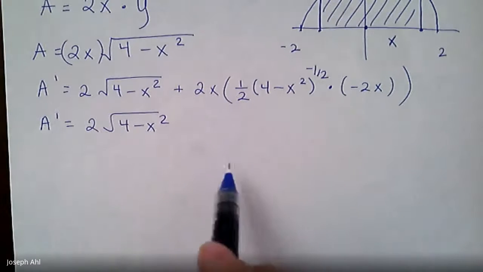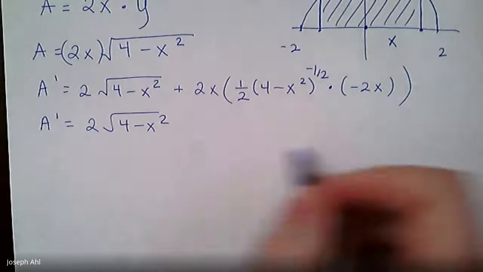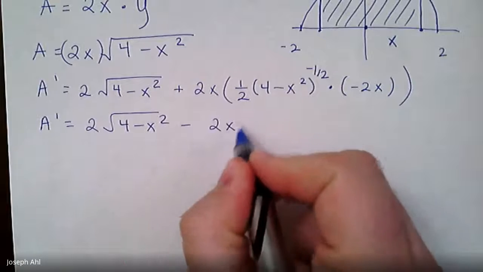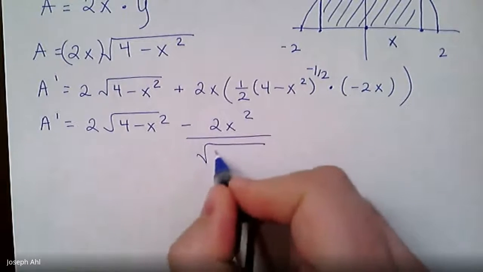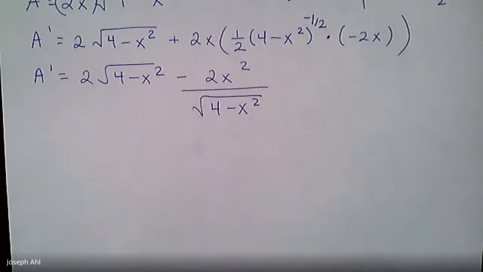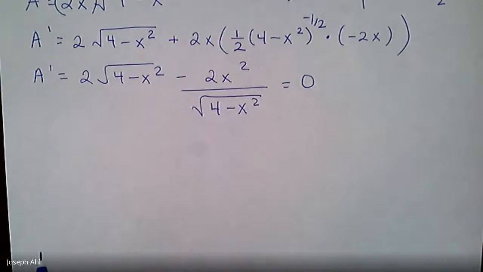And then I can bring this back down to the denominator and put it as radical 4 minus x squared. So when this is all said and done, the cleaned up version would be minus 2x squared over radical 4 minus x squared. Okay, so now we want to figure out the critical points so we can determine when this area function is at its maximum. So we can set this equal to 0.